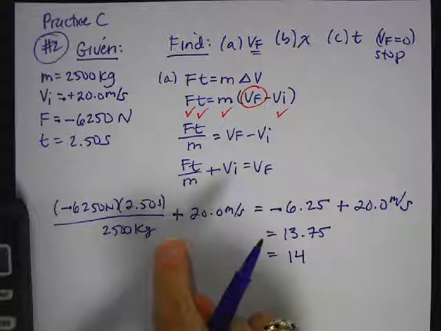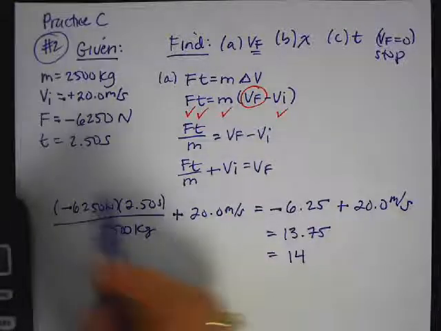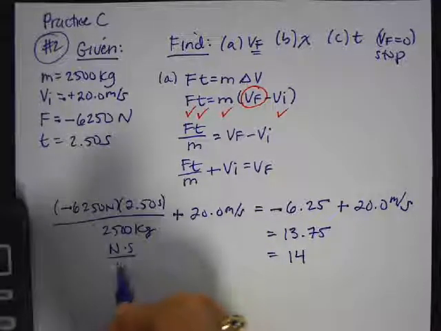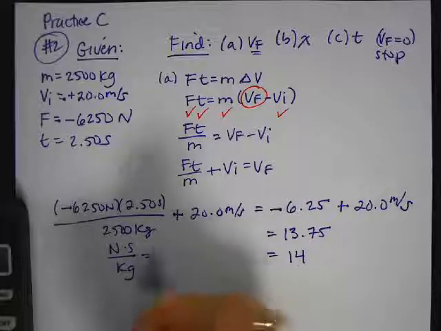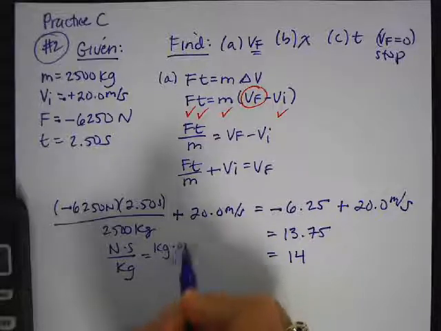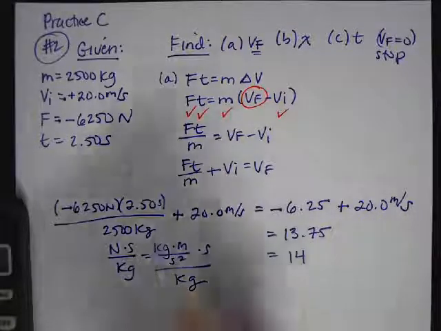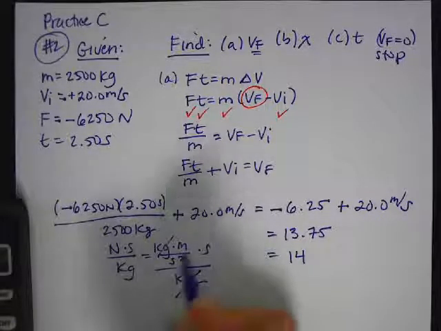Now when we look at our units, remember we're finding Vf. Over here I have a Newton times a second over a kilogram, so I can expand this. A Newton is a kilogram meter per second squared, times a second, divided by a kilogram. So this cancels with that, this cancels with that, and I end up with meters per second.